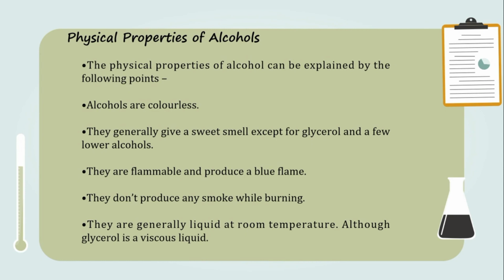Alcohols are colorless, so they have no color. They generally give a sweet smell except for glycerol and a few lower alcohols. So most alcohols have a sweet smell except for glycerol and other lower alcohols.